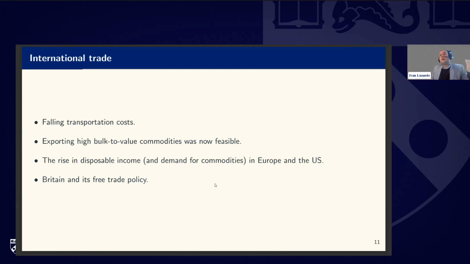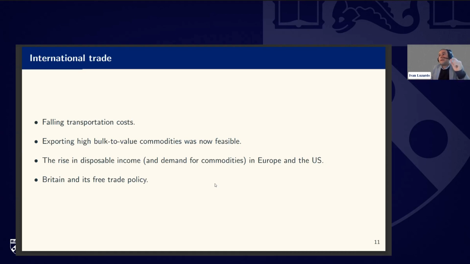We have a substantial decline in transportation costs that essentially made it feasible to export commodities at a large level, commodities that occupy a large volume in transportation but whose price was relatively low. So now that was feasible.